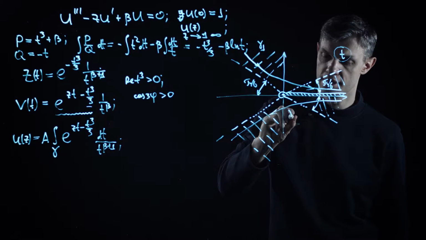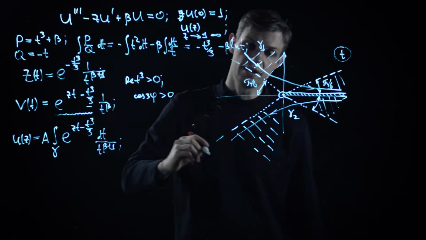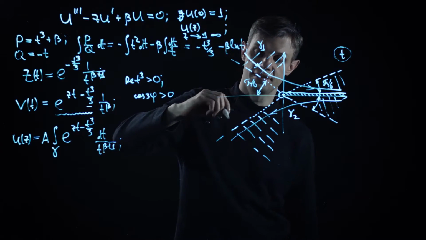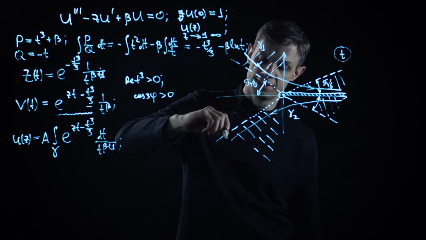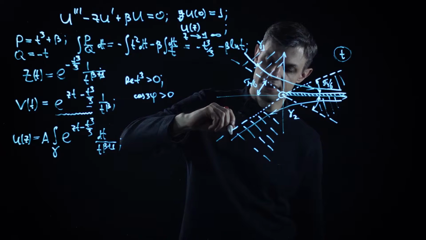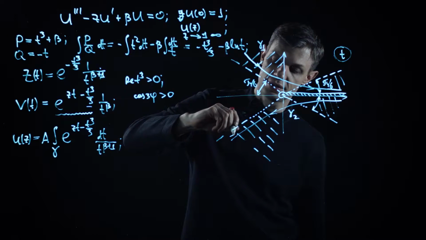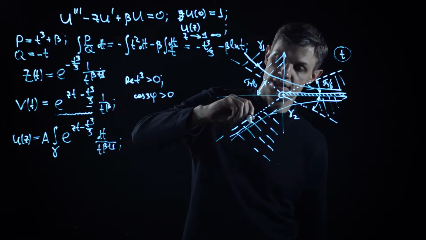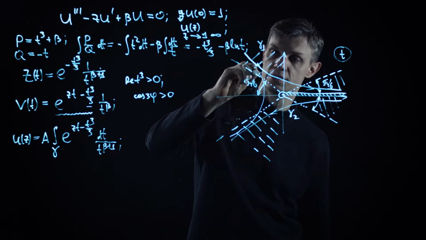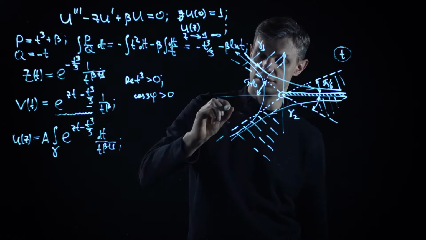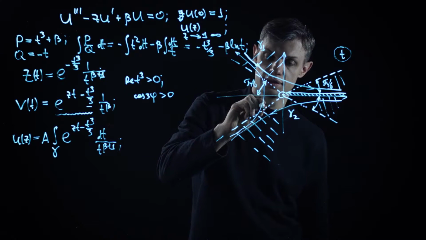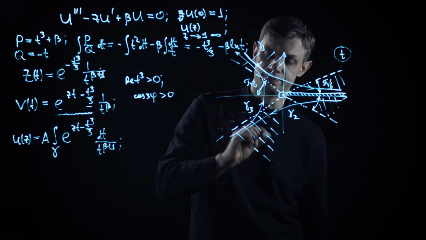Let's call this gamma 2. And finally, the third contour starts at infinity in the third quadrant and continues to infinity in the second quadrant. Let's denote it by gamma 3.